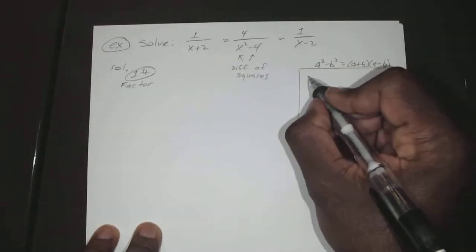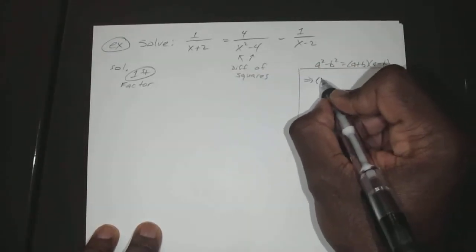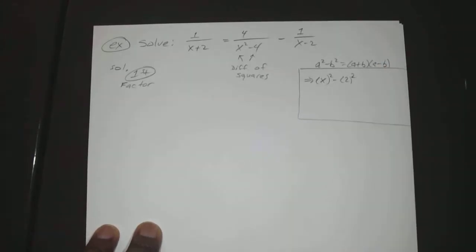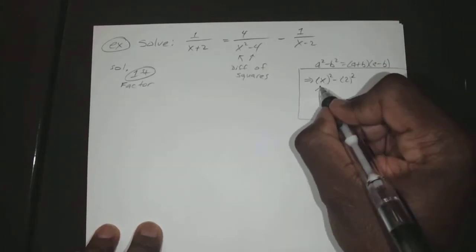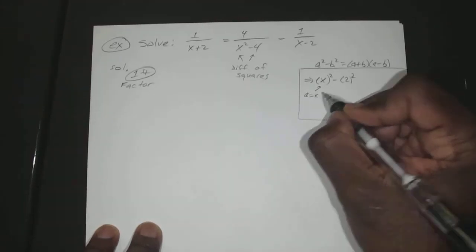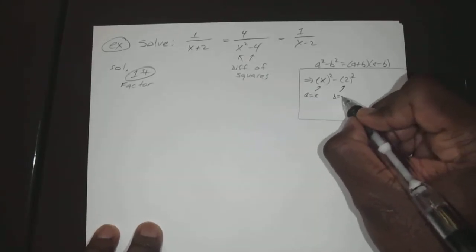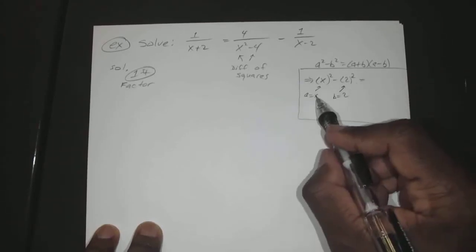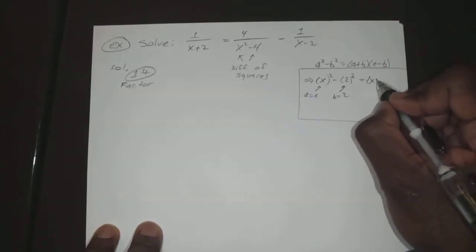So x squared minus 4, we can rewrite that as x squared minus 2 squared. Your a is equal to x, and your b is equal to 2. So that will be x plus 2 times x minus 2.